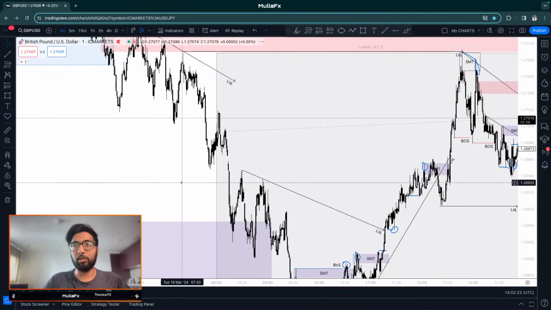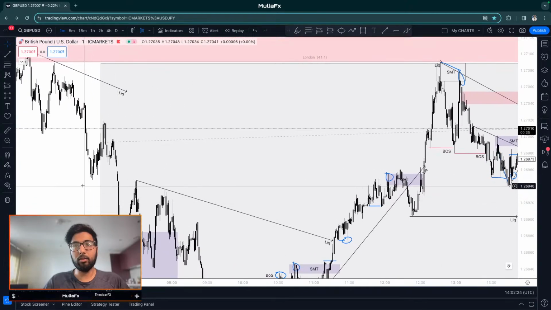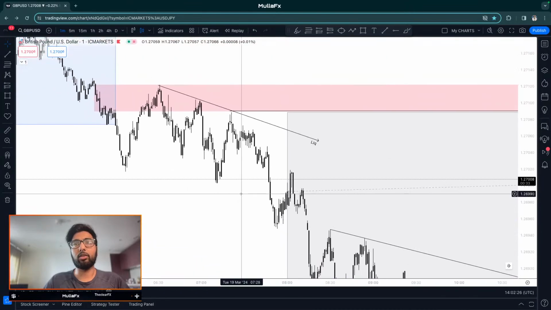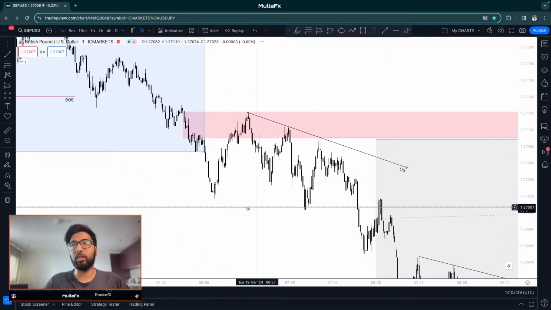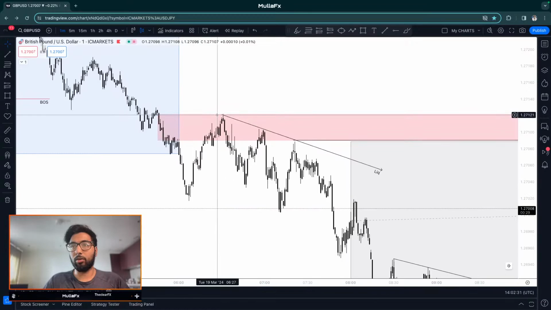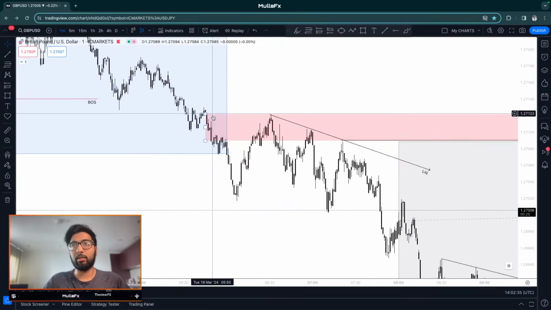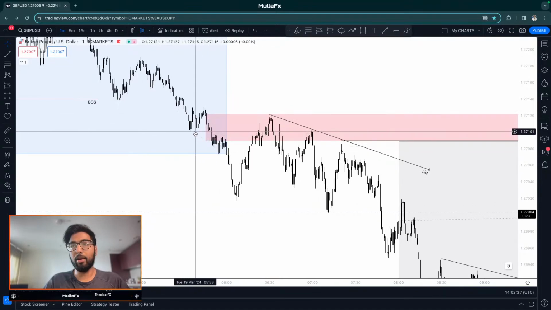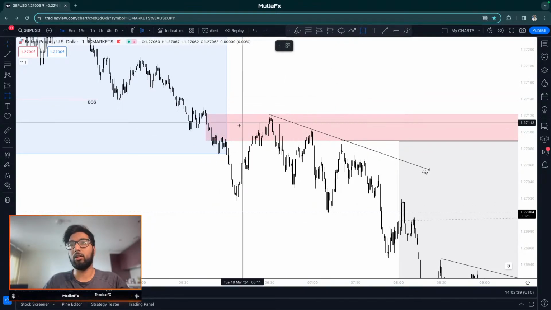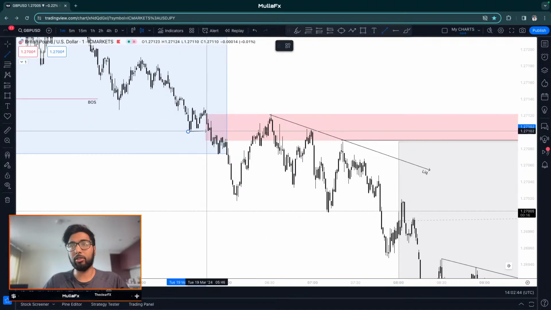So if I just show you, let's go back and have a look. We can actually see that we had a lot of traders. Price comes down, we have a break of structure at this point, a bearish break of structure.